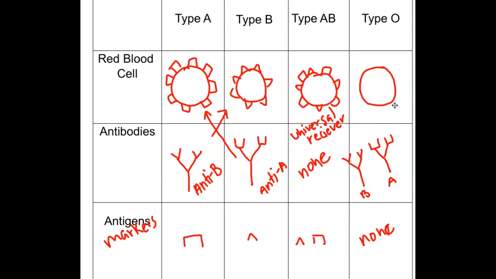And because type O blood has no antigen markers on it, it can give blood to any other type of blood. So it's the universal donor, which I'll explain a little bit more on the next slide.